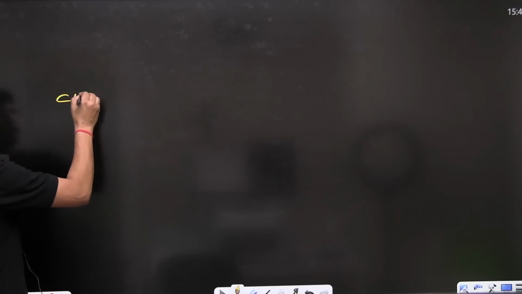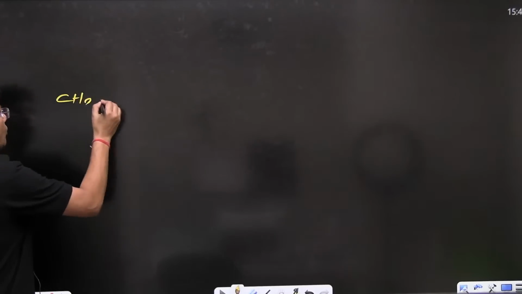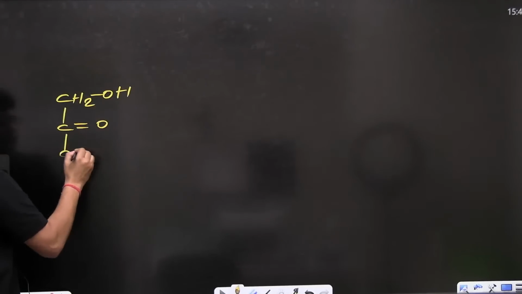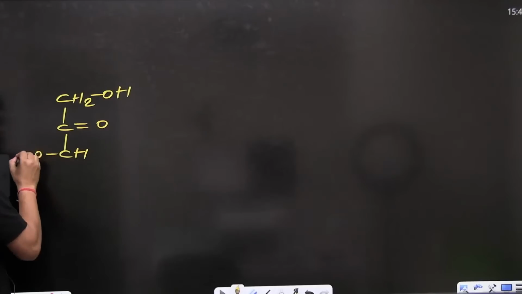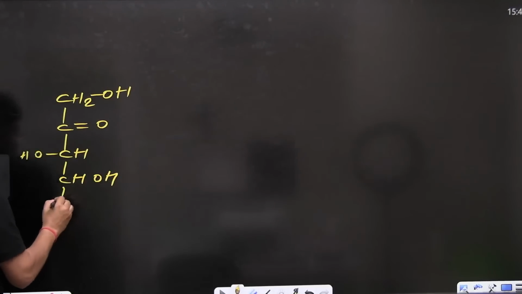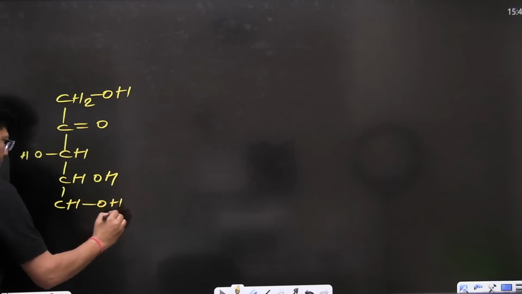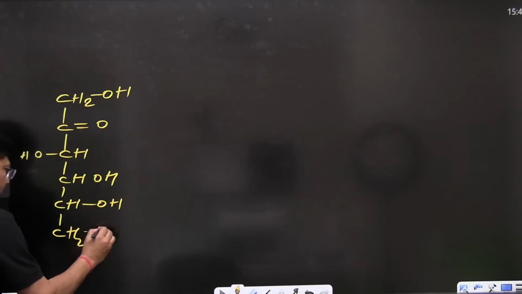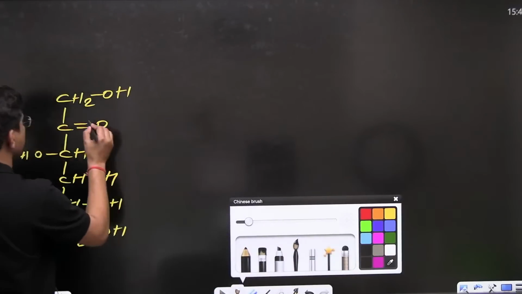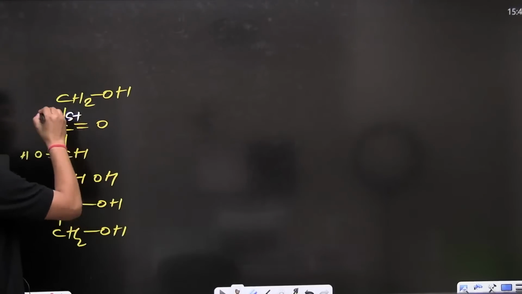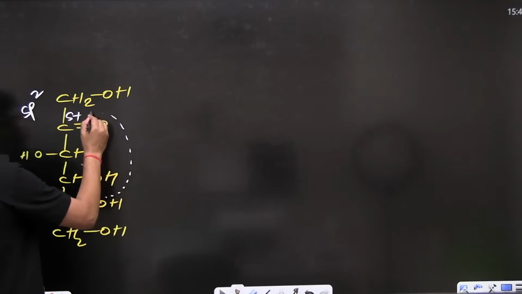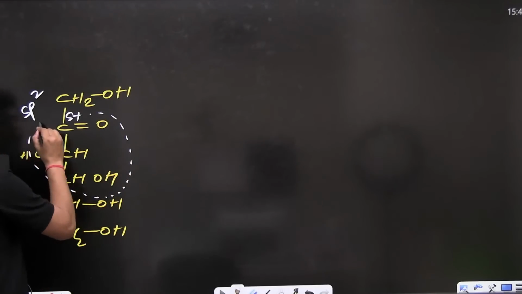CH2OH, C double bond O, CHOH, CHOH, CHOH, CH2OH. Now this fifth carbon's oxygen is going to form a bond with this carbon. This is sp2 hybridized. It will go from this side and form a bond from this side.